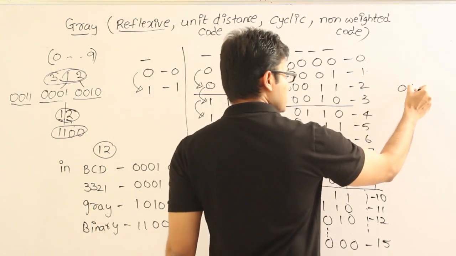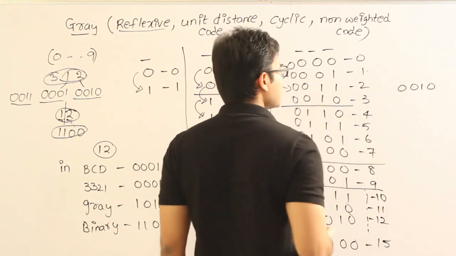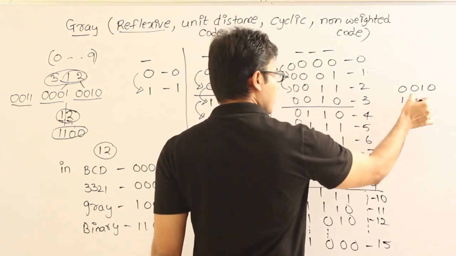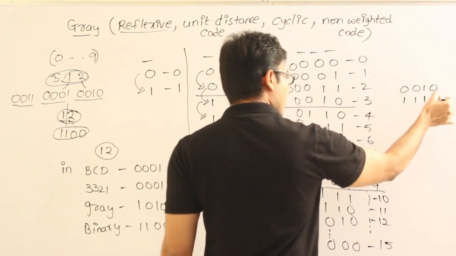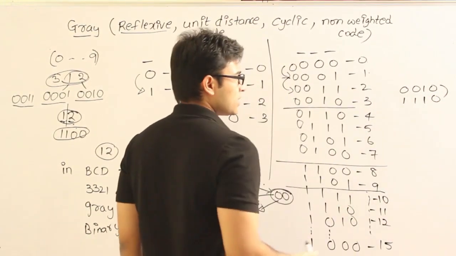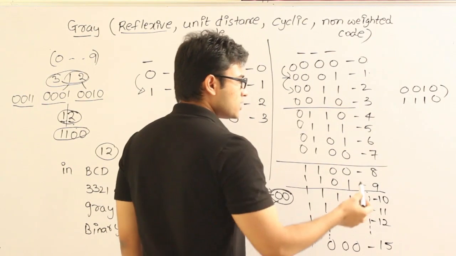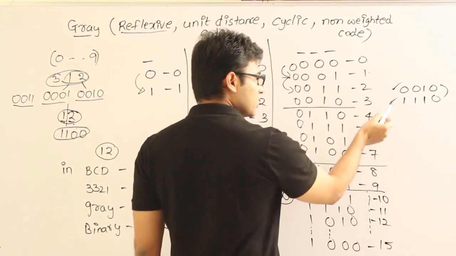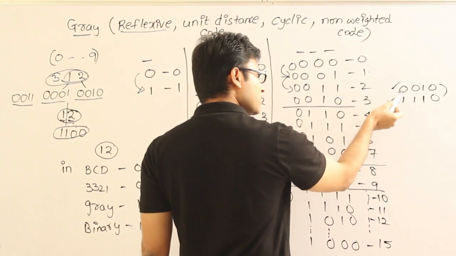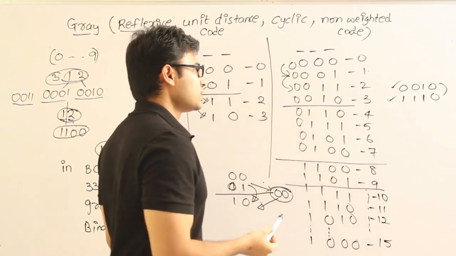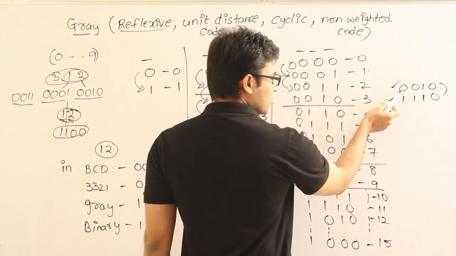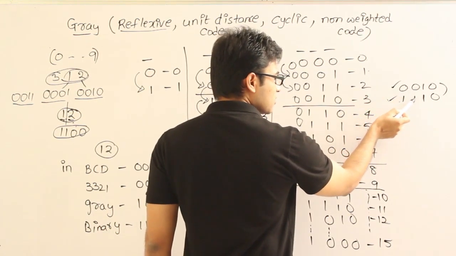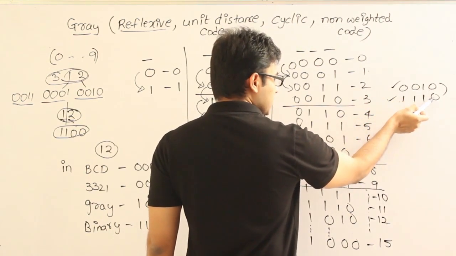So I'll tell you what I mean by the distance. Let us say I have a number 0010, and I have one more number 1110. Now what is the distance between these two numbers? See how many bits you have to change in this one to get this one. That is called distance. If you observe this, 0 is changed to 1, 0 is changed to 1, but these two need not be changed.